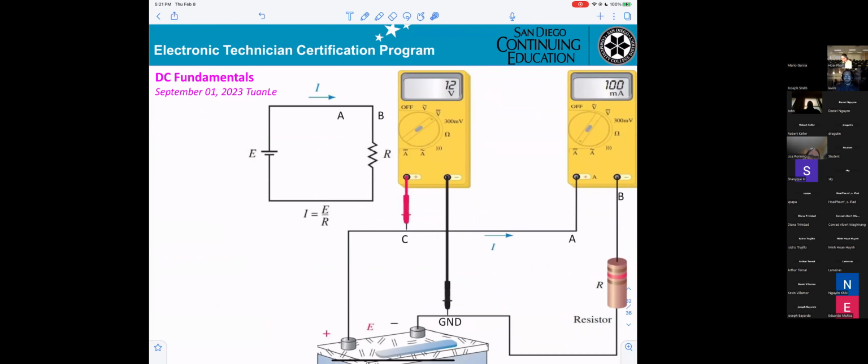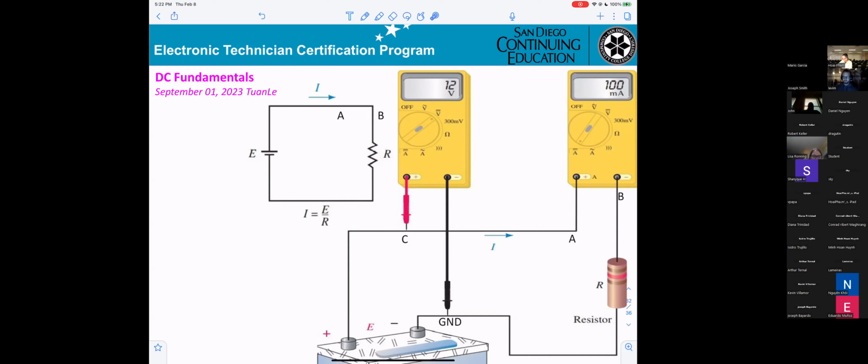First, measuring the voltage: connect the positive side to point B or point A. That means you connect this side, and the low side of the meter will be connected to the ground. That will measure the voltage.